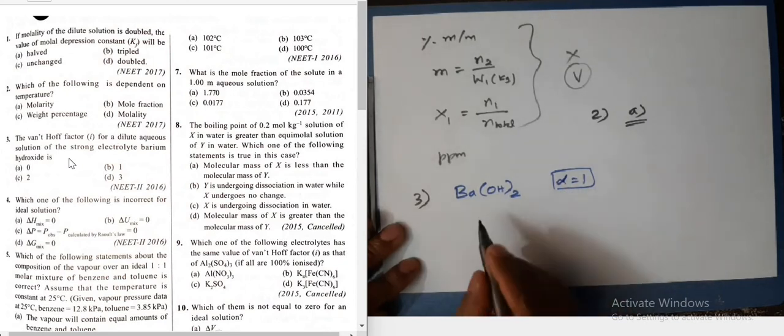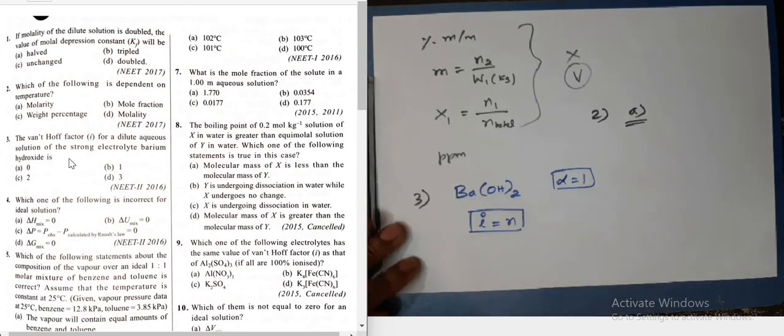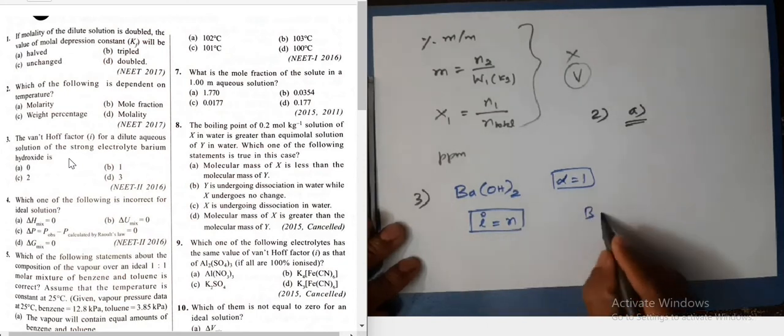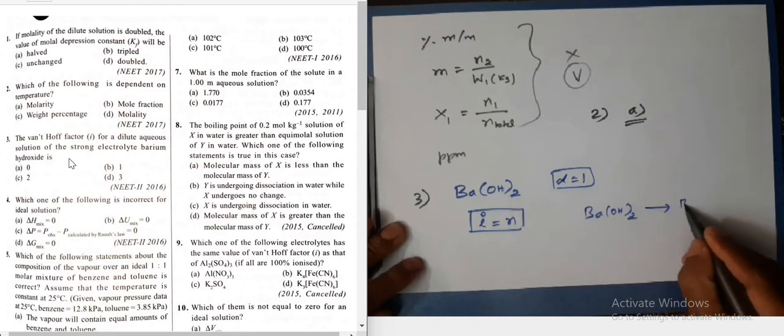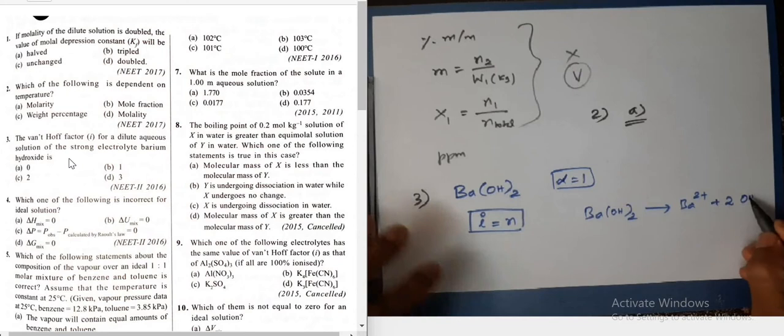Therefore, the Van 't Hoff factor i is equal to the number of ions obtained from one molecule. When one molecule of barium hydroxide ionizes, I get one barium ion and 2 hydroxide ions.